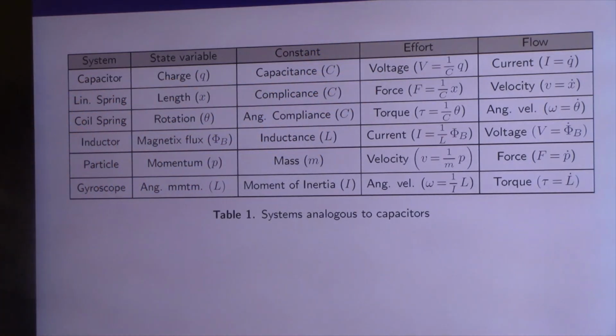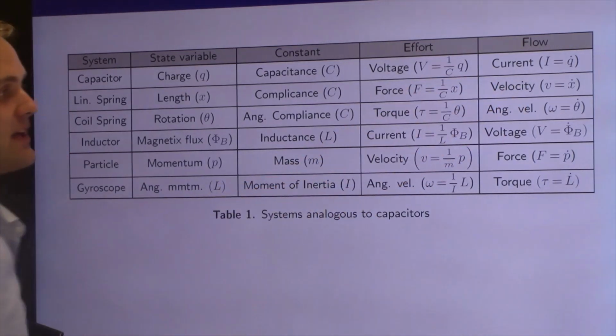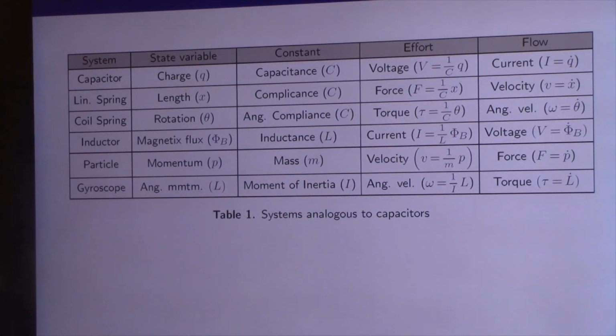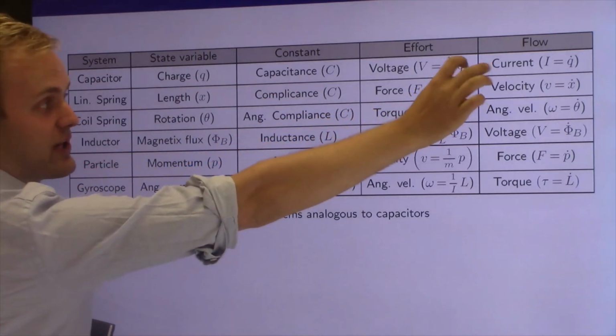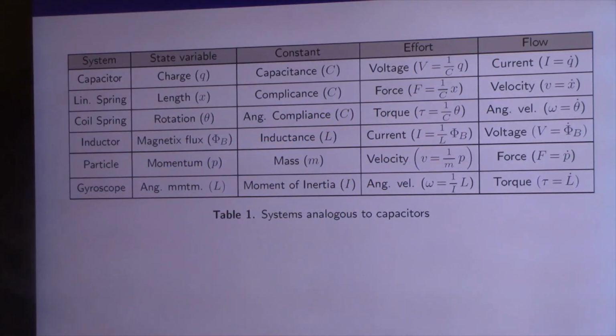In a mechanical domain, we might have force and velocity. Their product is power. And a linear spring is exactly analogous to a capacitor when we just switch out voltage and current for force and velocity. We could also do a coil spring, in which case we have torque and angular velocity.